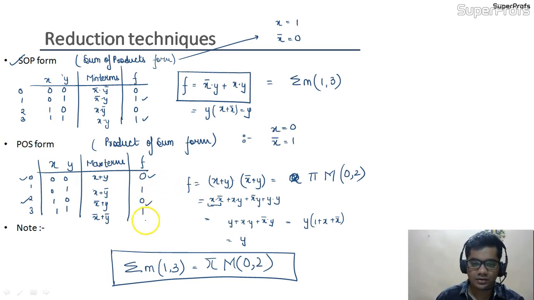So sigma of minterms 1 comma 3 is equal to the product of maxterms 0 comma 2. This is a very important note. You can write this note, and you can write these two forms also, that is SOP form and POS form. Quickly write these points, then we are moving towards our next point.